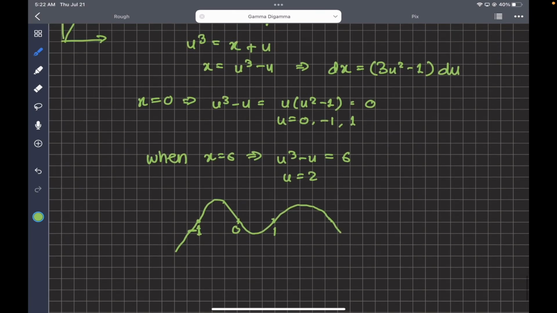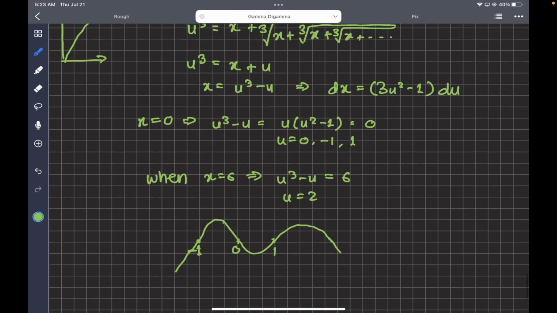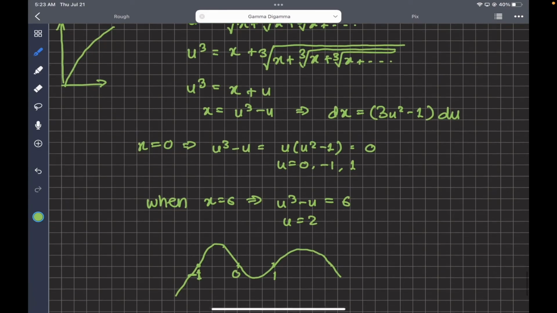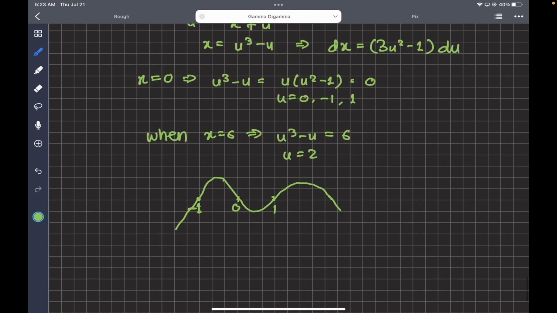Near the roots, it actually doesn't go down again, since there's no other root. So it just keeps going positive. Say 2 is here.